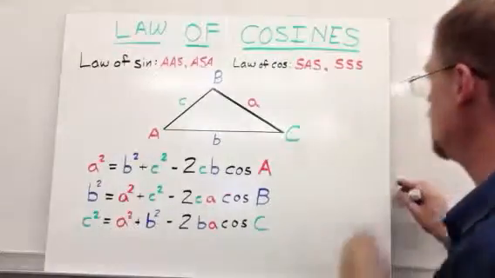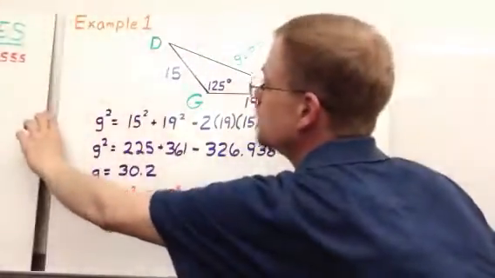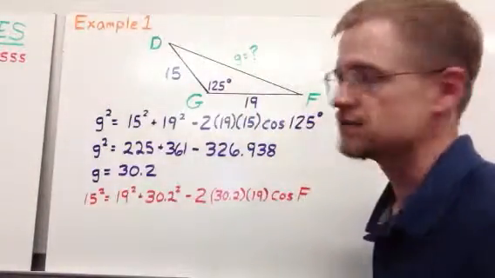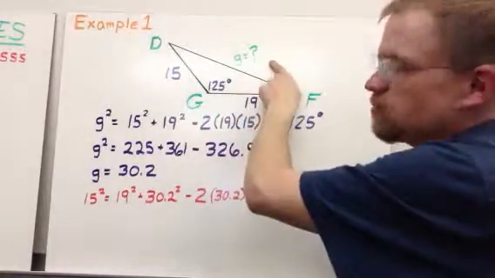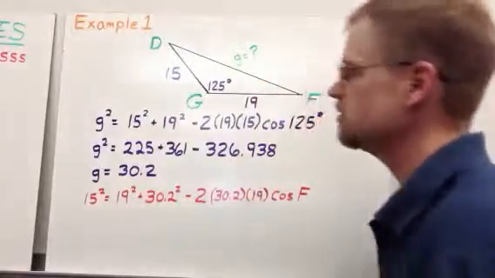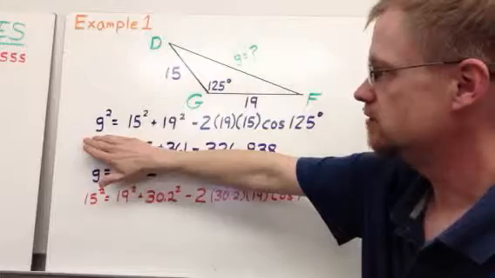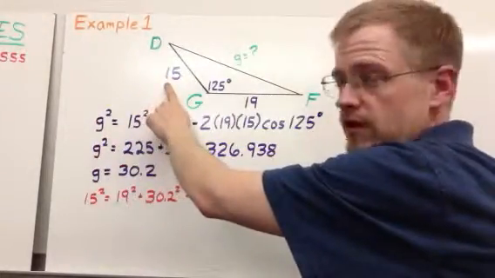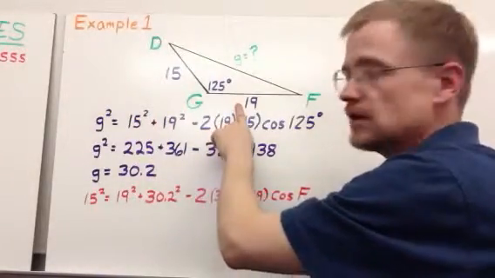Alright, let's put this into practice on a couple of triangles. For this first example we have side-angle-side as far as what we know. And in this problem we want to find side g. So here's how we set it up. g squared equals 15 squared, one of our other sides, plus 19 squared, another side.